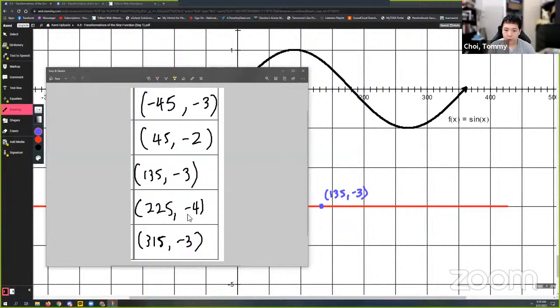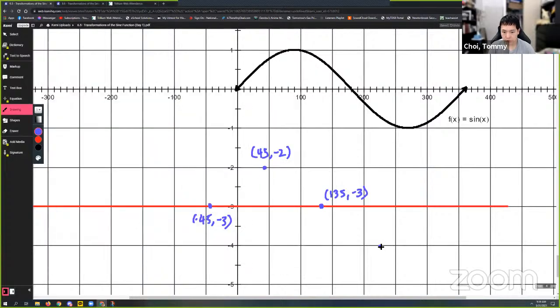And our next one after that is (225, -4). So 10, 20, 30, 40. Oh, sorry. Whoopsies. 10, 20, 25. I don't know why I was going all the way to 40. All the way down. And we're going to go until we hit -4, which is right here. So that's going to be (225, -4).